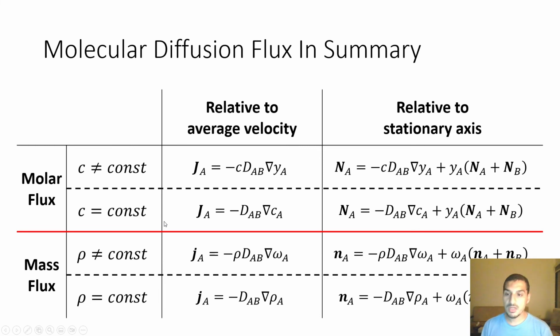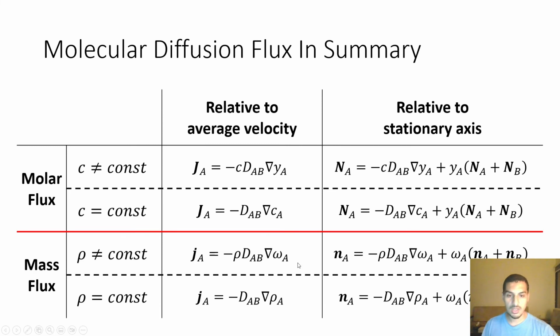So this is what you can choose from, and this is one parameter. The other parameter is whether you are calculating the flux relative to the stationary axis or relative to the average velocity. If you are calculating the flux relative to the stationary axis, and you're using molar flux, then you are choosing from only 2 equations. So you're cutting this in half again.